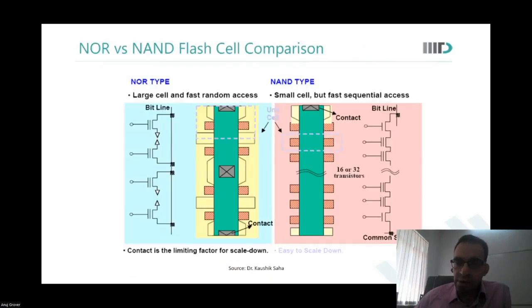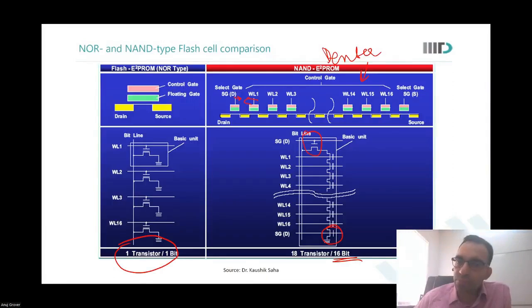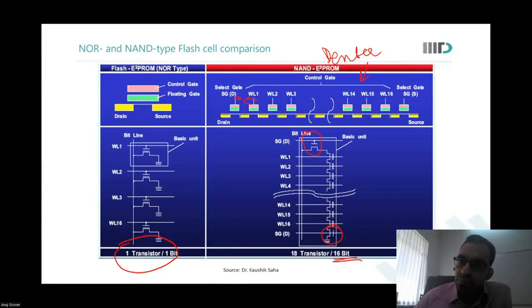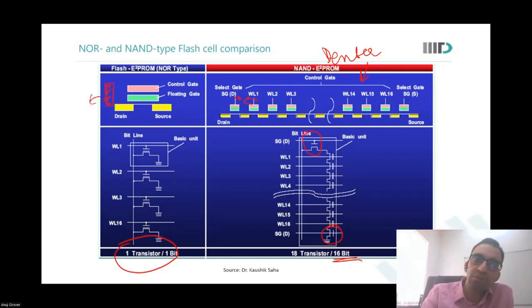Yes, sir. So can you please explain once again how the gates are coming closer? You do not need a contact in here now. See, in the NOR flash, there was a contact that was required at the drain. What contact was that for? Bit line. And then you also needed a source line to be run. Yes, sir.